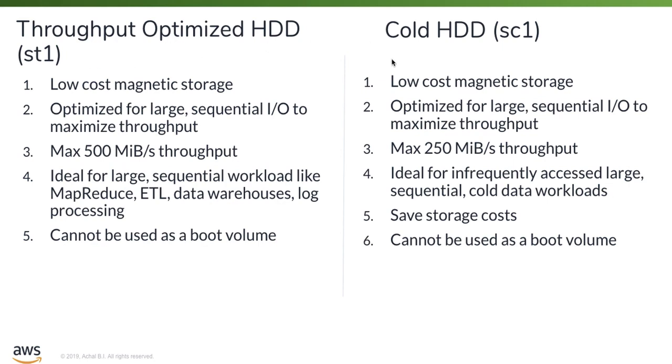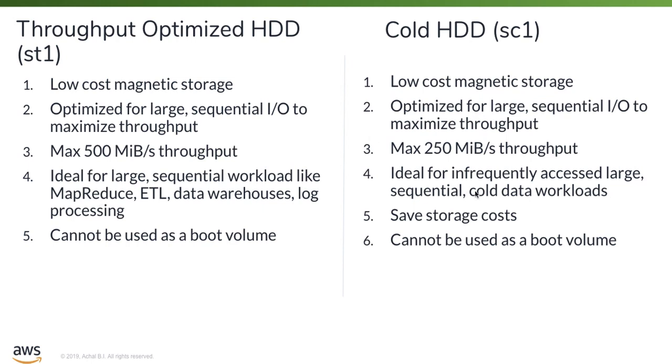And if you need a moderate throughput, better than general purpose, then you could go with cold HDD. Ideally, workloads like big data, map reduce, or data warehousing could go with throughput optimized HDD.